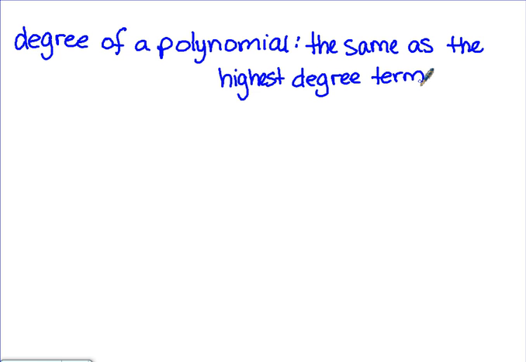All right, so if we had a polynomial expression that said 3x cubed plus 2x squared plus x equals 0, the degree of this entire polynomial would be 3.